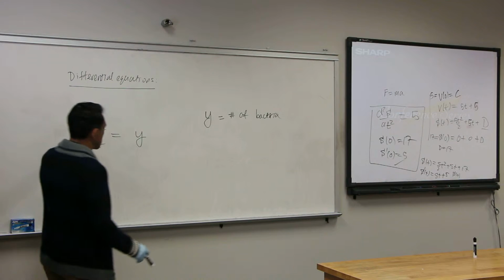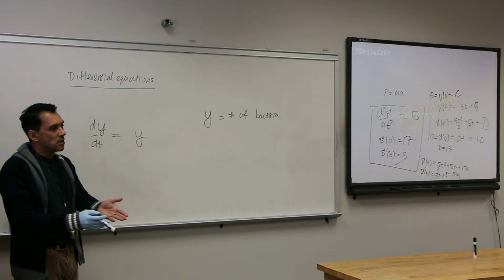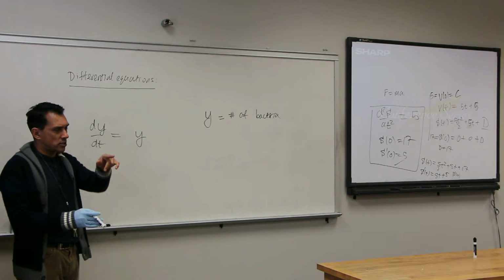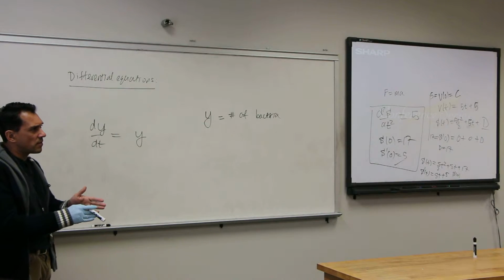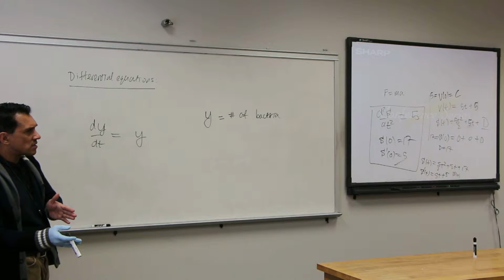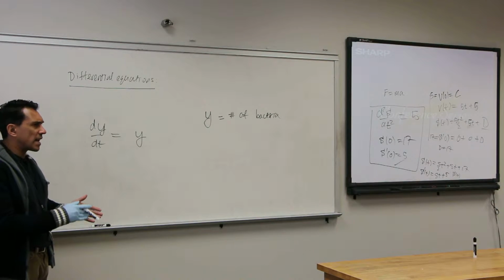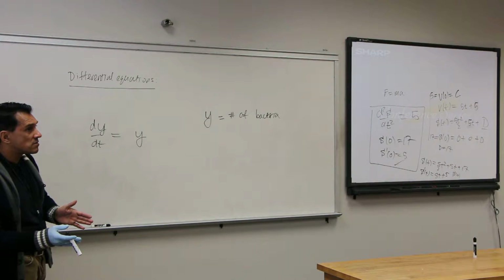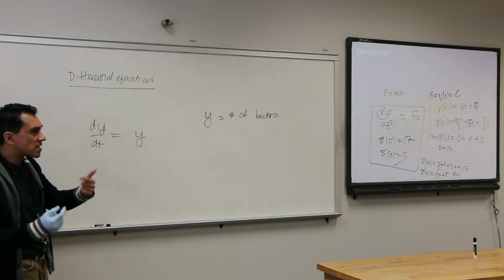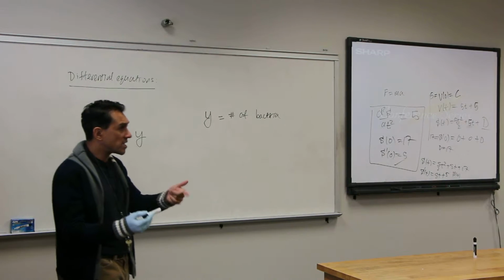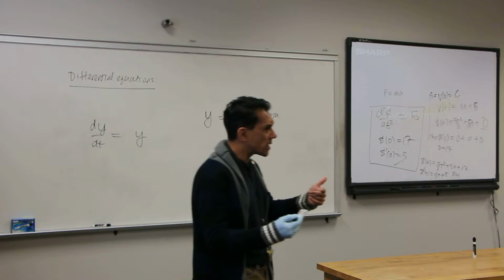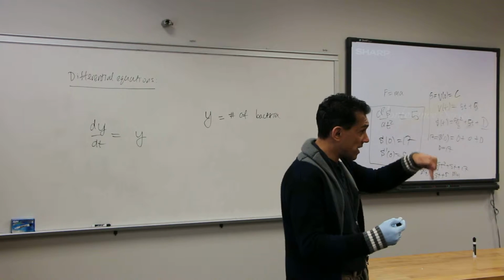So your biology professor says, if I start with 10 bacteria, an hour later I'll have 20. Whereas if I started with 5 bacteria, an hour later I'd have 10. So it seems to me that the rate of how fast the population is growing depends on how big the population is right now.